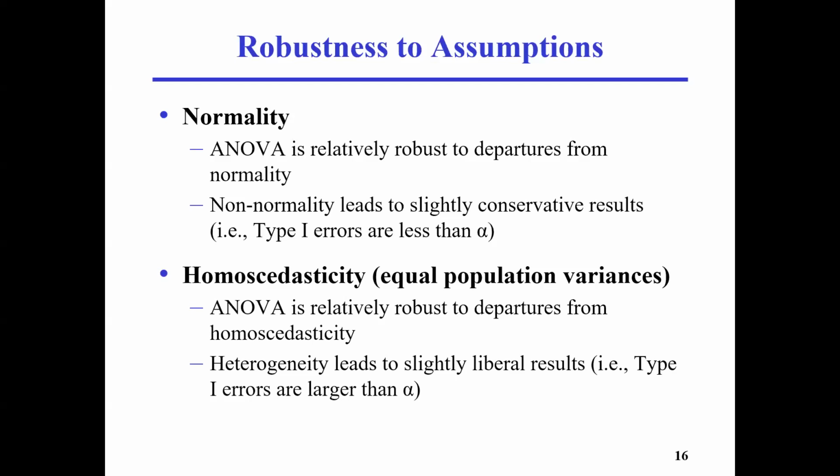It leads to slightly liberal results, which means you're going to be more likely to make a type 1 error, which means you tend to reject the null hypothesis. It's not a very good thing because eventually it's an error, but this tendency is not that strong.